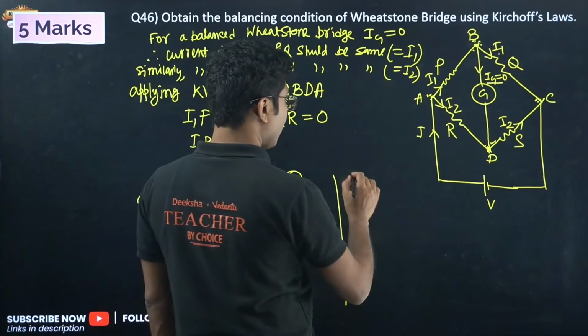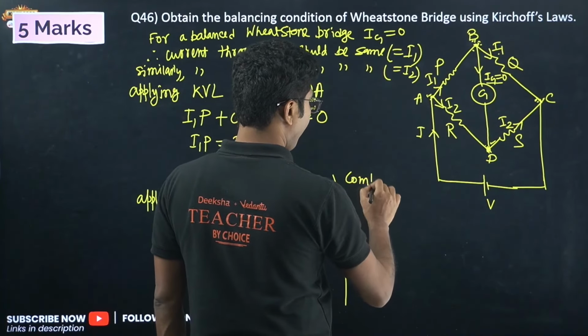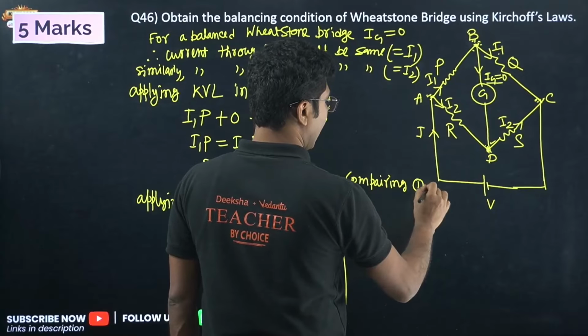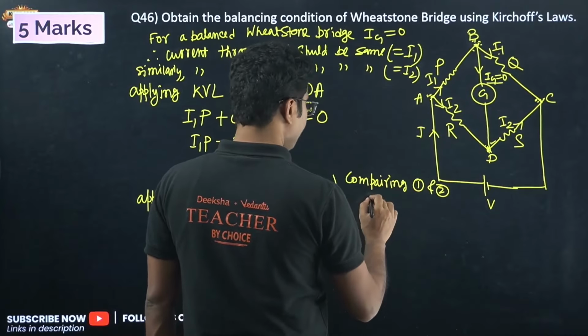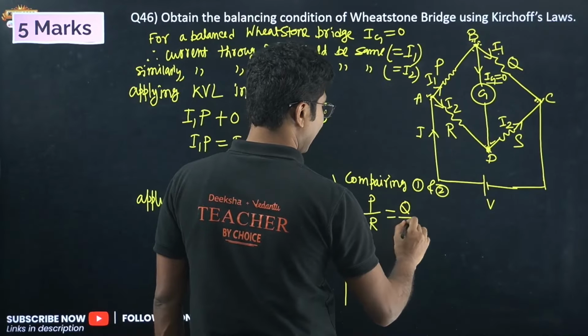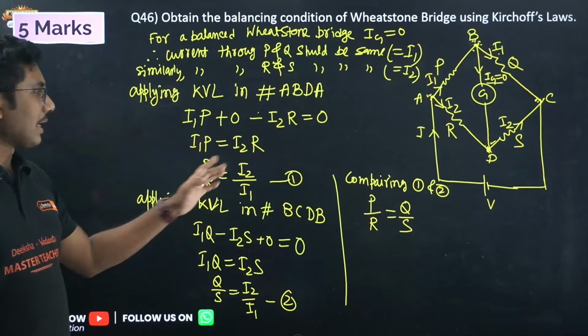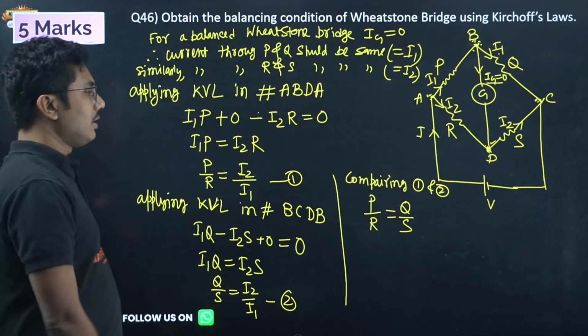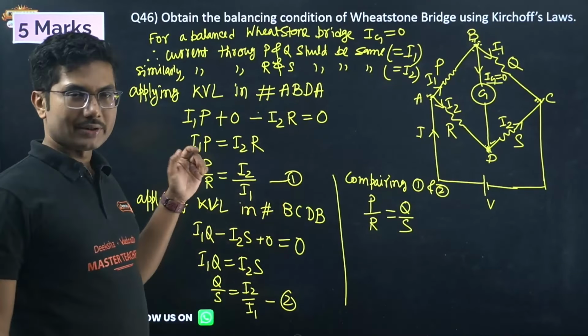So comparing 1 and 2, we can write P by R should be equal to Q by S. Right? If their right hand side is the same, left hand side should also be the same. Similarly, right hand side is the same means left hand side will also be the same.